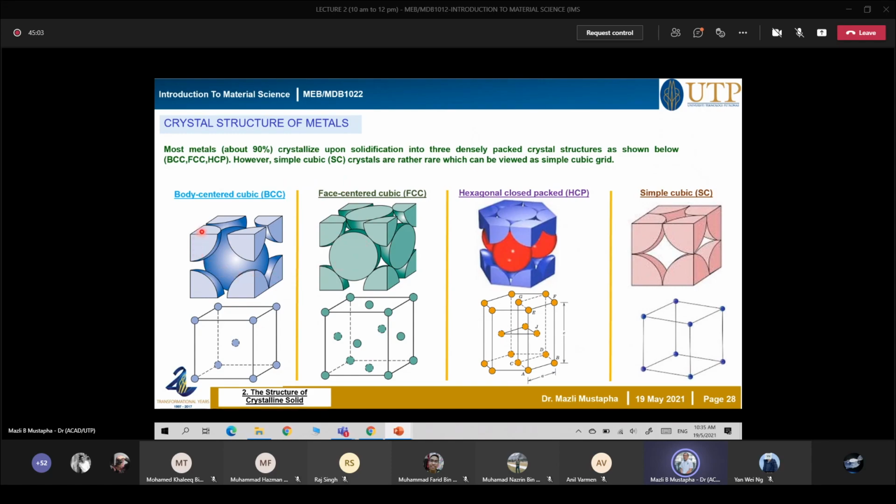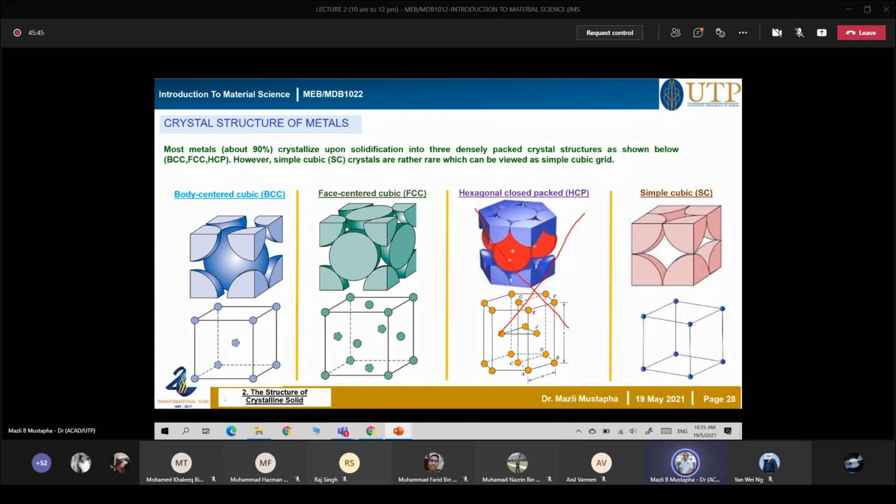Most metals, when we melt them to become liquid state and when they solidify, are going to have three common structures. Namely the body center cubic, which we call BCC, then the face center cubic, like this, and then the HCP. As I mentioned, we are not going to touch this. It's just your knowledge, most of them.